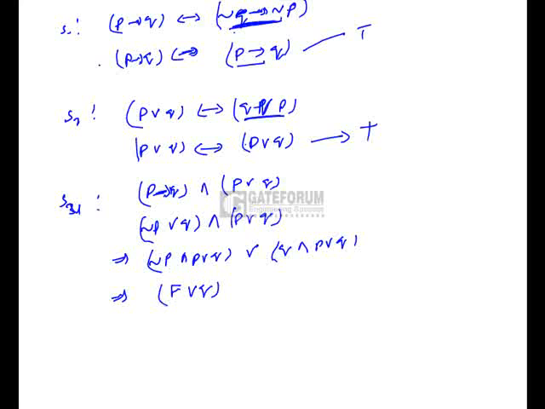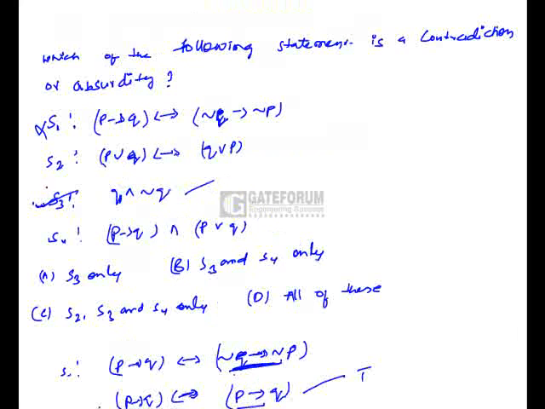False or Q or Q and P or Q is nothing but Q or Q and P or Q, which is nothing but P or Q. So if we see all the statements, only S3 is the contradiction. So here the correct option is option A.